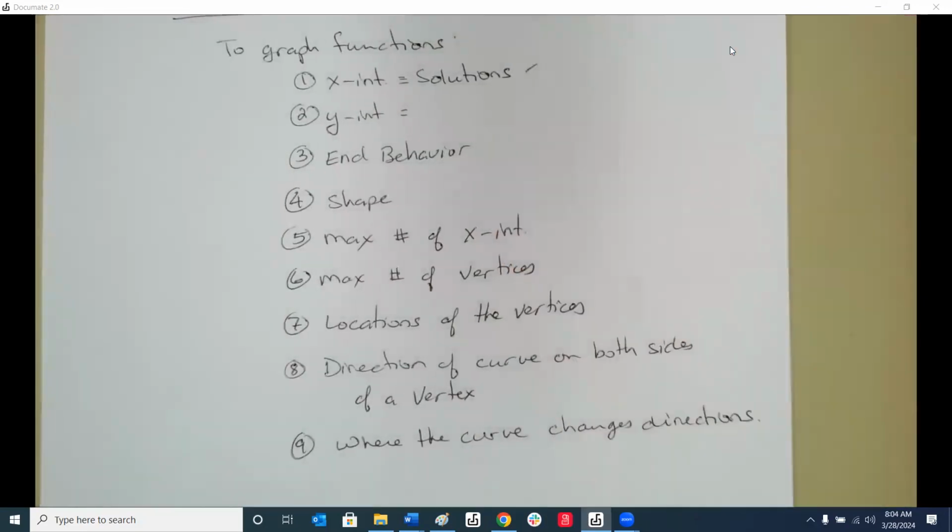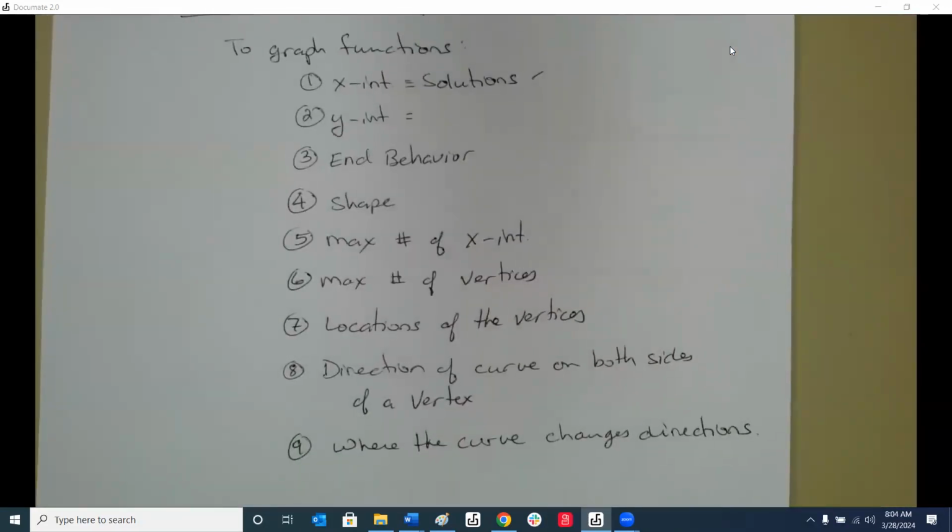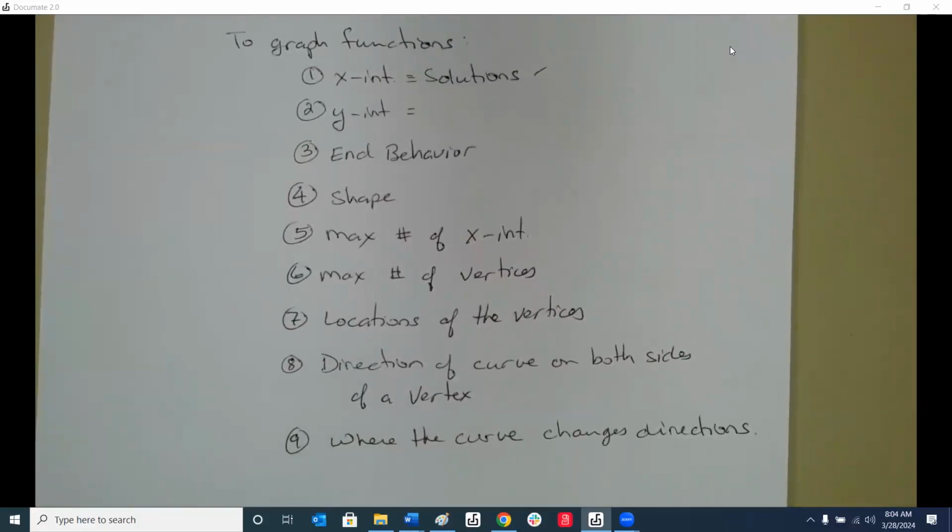We know how to find the x-intercepts, the solutions. Even if it's a larger polynomial, we could use Descartes' rule of signs. We can use synthetic division, the quotient of the division rule, to figure out where the actual intercepts are. The y-intercept, just look for the constant.